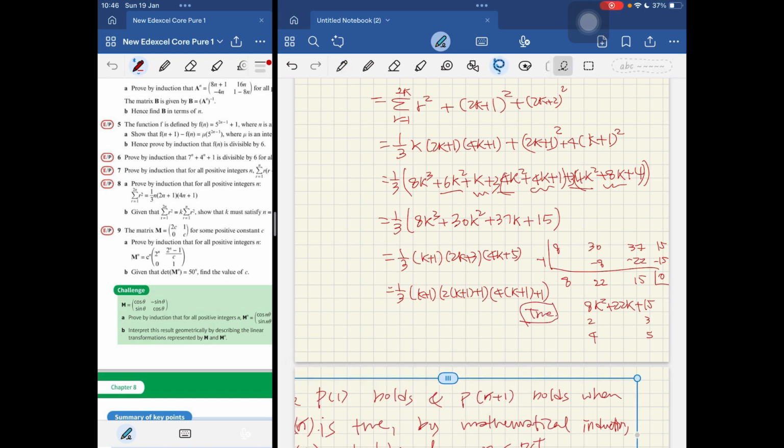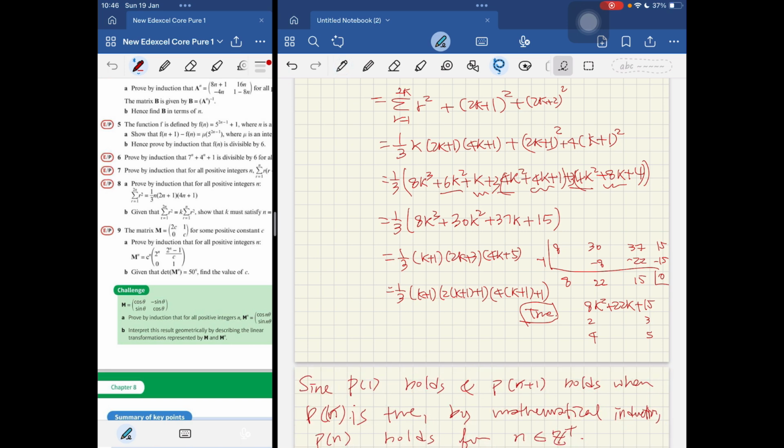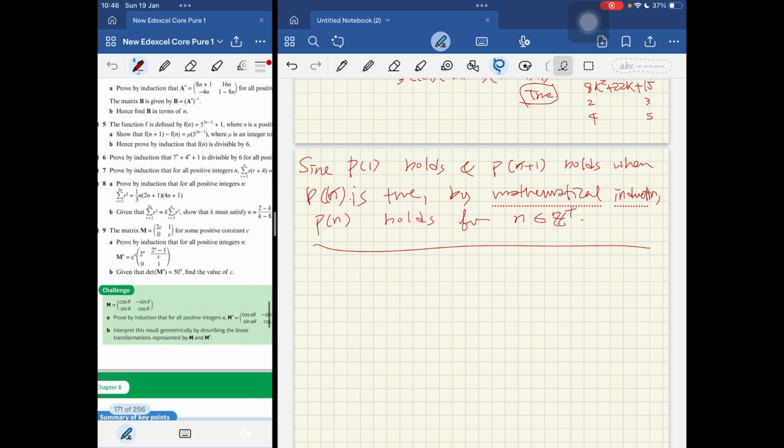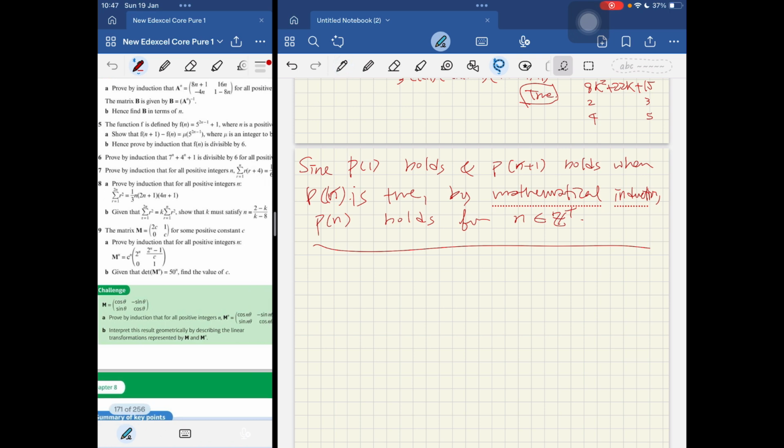Therefore, the last conclusion is same. So number B, given, this is the same. So now we have from our induction, we already know the left side 1 over 3 and 2n plus 1, 4n plus 1 equals k r squared is 1 over 6 n plus 1, 2n plus 1.